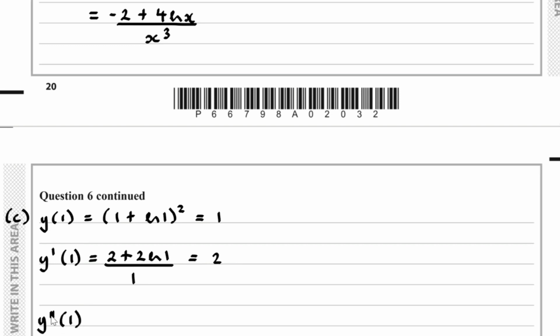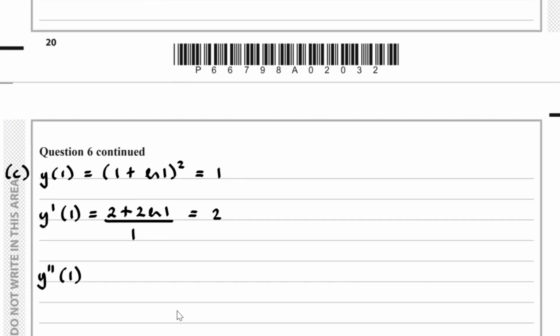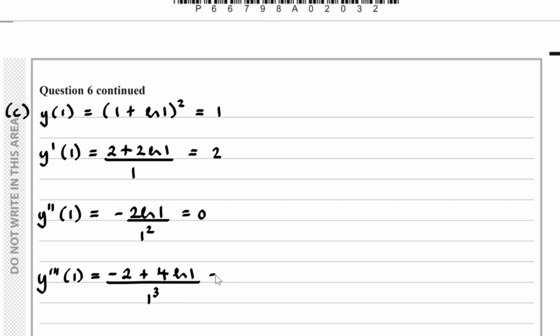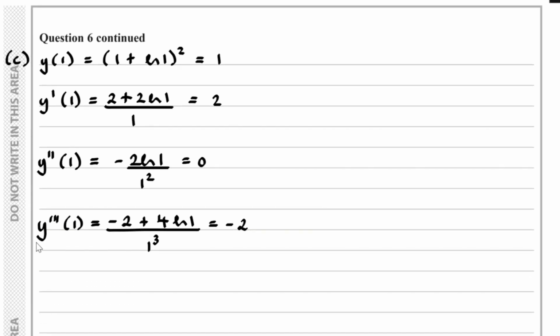Y double dash of 1, that's equal to minus 2 times by the natural log of 1 over 1 squared, which is 0, and y triple dash of 1 is equal to minus 2 plus 4 times the natural log of 1 over 1 cubed, which is minus 2. So we've worked out all the different derivatives.